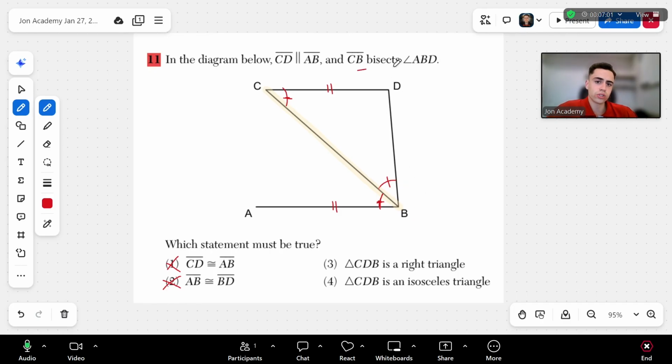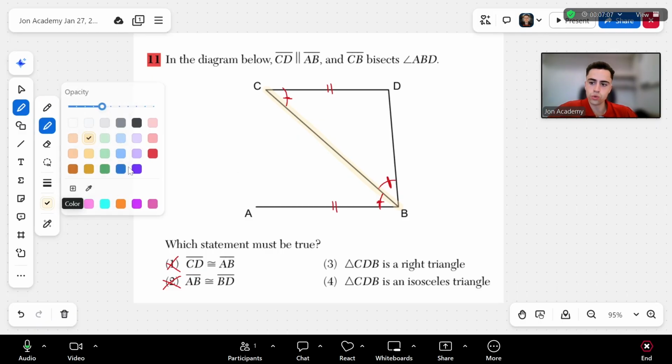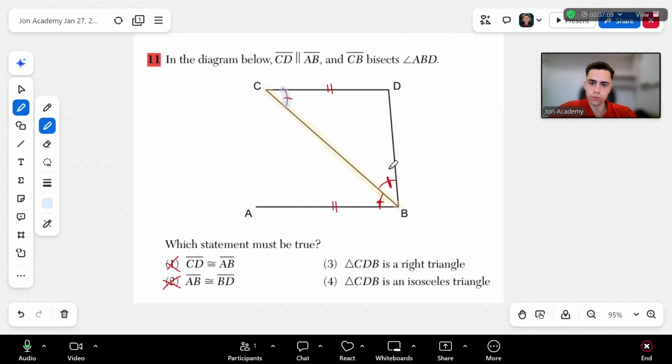And as it was a bisection, that one is also, as we draw here, the same as this other. So now we have two angles, these two in blue, that are equal size. And if we have two angles that are equal size, we are going to have also two sides that are equal size. Therefore, it's going to be an isosceles triangle. It's going to be the fourth option.